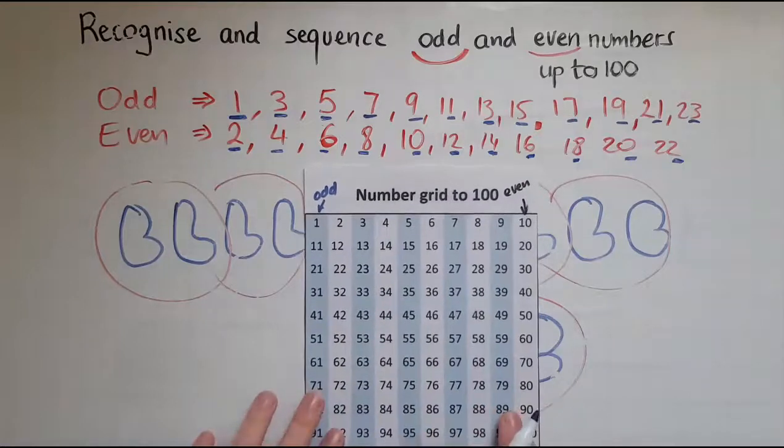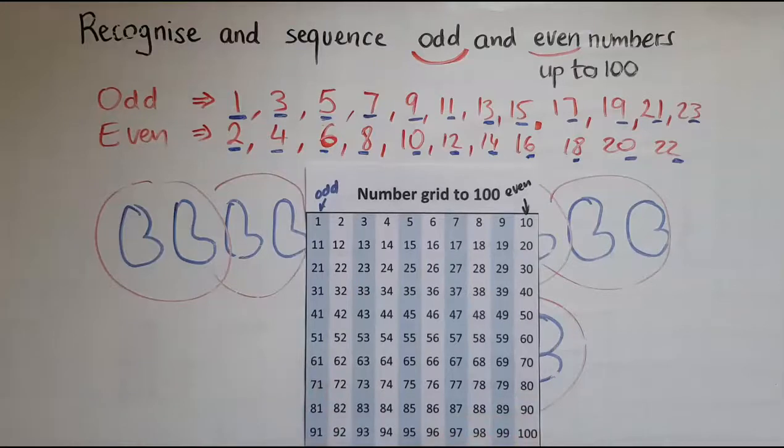So all we need to do to find out whether a number is odd or even is to look at the units. So let's say I've got number 32. What do I look at? It's the unit. The number 2 in itself is even, because we can make a pair and we have no socks left. So that means number 32 is even.